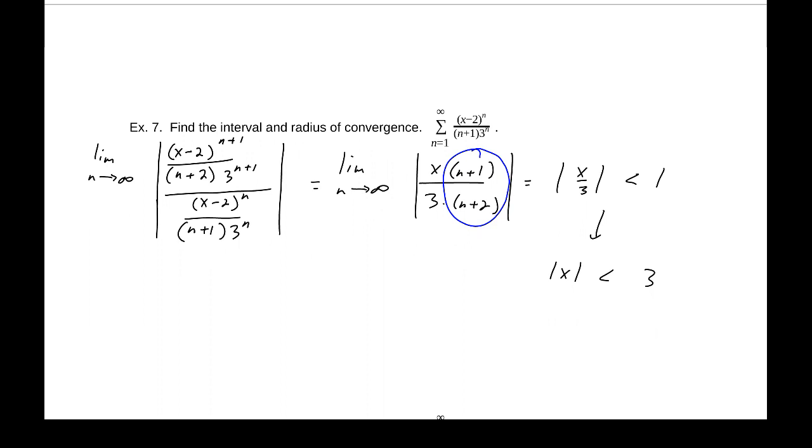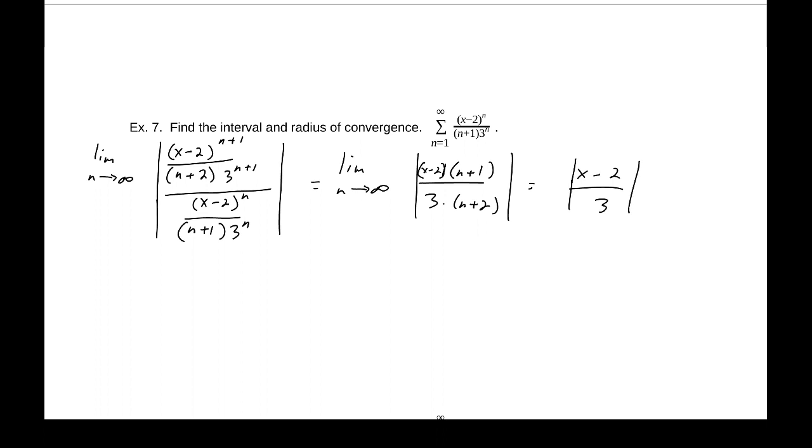Oh, I just realized I messed something up there. That'll make a difference. Let's go back here. I wrote just an x there when those canceled out. There's not just an x there. There should be an x minus 2. Okay, so this limit is the absolute value of x minus 2 over 3.